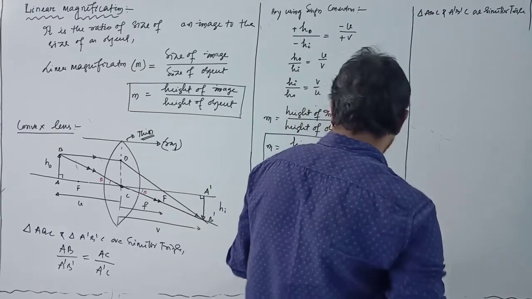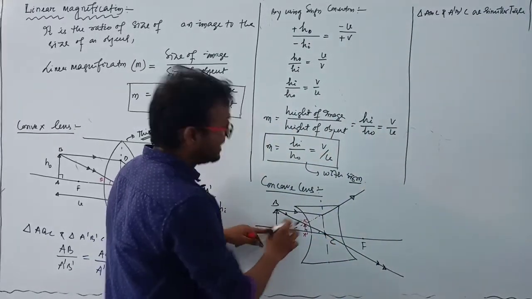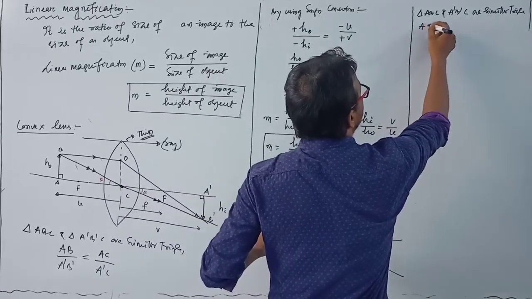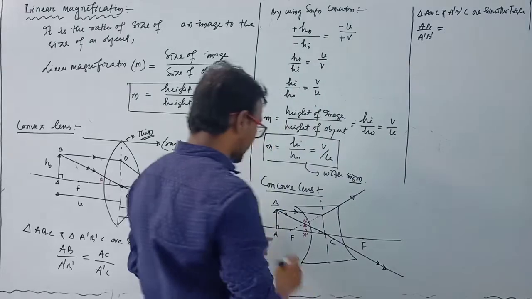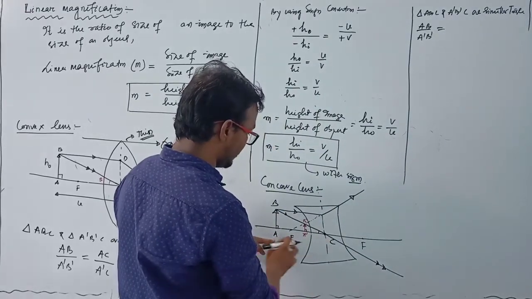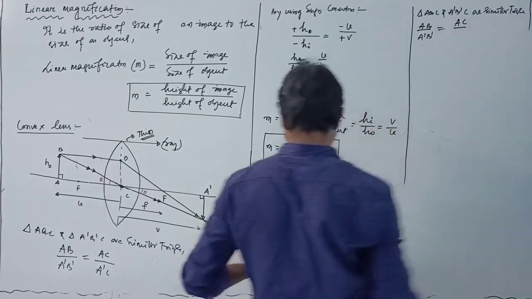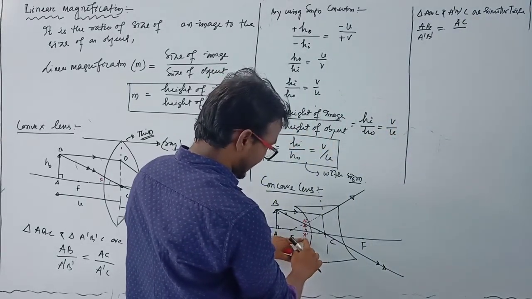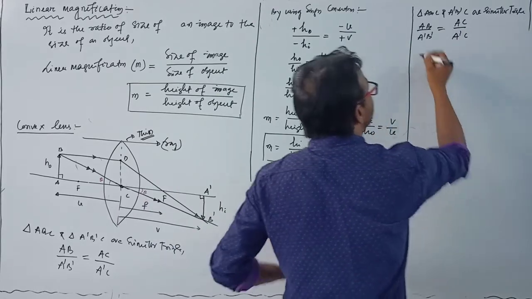So you can write here the C point is the common point. So AB divided by A dash B dash, which equals AC divided by A dash C.